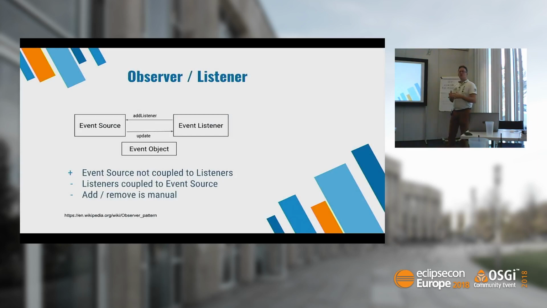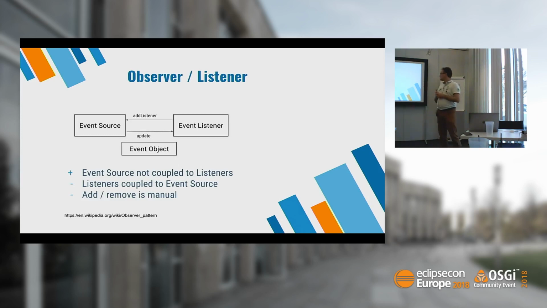A typical pattern, maybe one of the most well-known, is the observer or listener pattern. You have some event source that wants to say, I've changed something, and wants to let a part of the world know, and you have listeners that are interested in these changes. The typical listener pattern means you have some code in the listener that registers with the event source, and then whenever something changes, you get notified with an update and an event object.